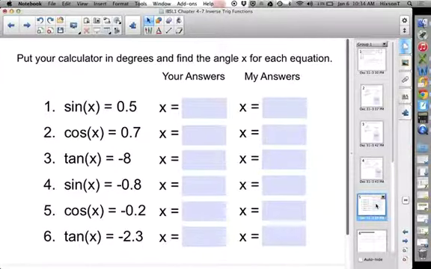The inverse sine of 0.5. So you'll hit second sine, inverse sine. Okay, everyone needs to be doing this on your calculators. 30. Okay? And you should get 30. Did you guys get 30?